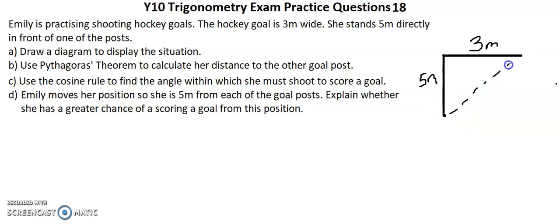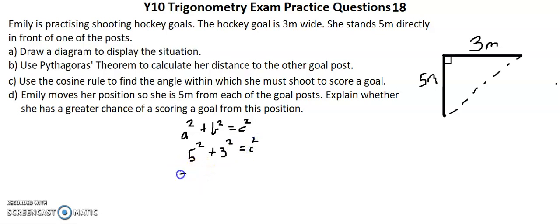Now, next part it says use Pythagoras Theorem to calculate the distance to the other goalpost. So I'm turning it into a triangle, and it's a right angled triangle at this stage. That means that we are using Pythagoras Theorem: a squared plus b squared is equal to c squared. I know my a is 5, so 5 squared plus my b is 3 is equal to c squared.